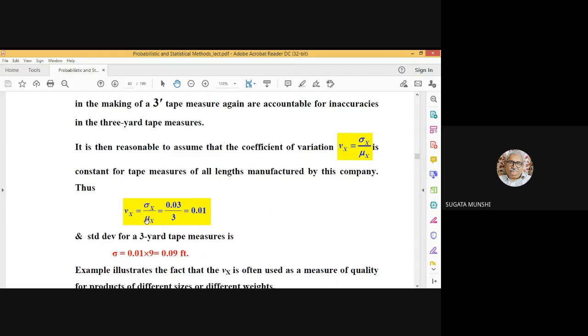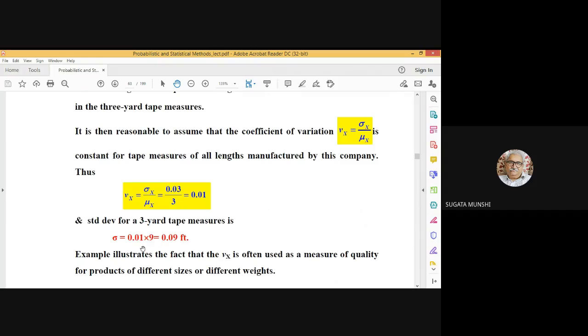If I considered variance, the dimensions won't match. Sigma x square cannot be divided by mu x to get a dimensionless quantity. So the coefficient of variation is standard deviation by mu x. So the standard deviation for a 3-yard tape measure is expected as 0.09 feet.